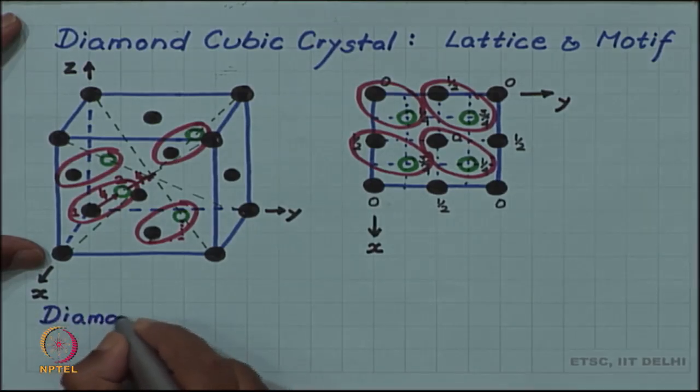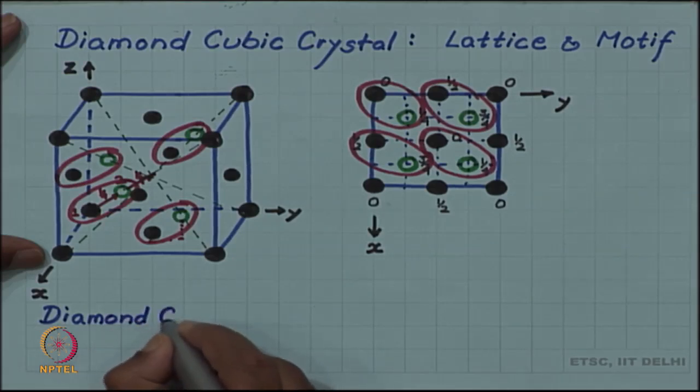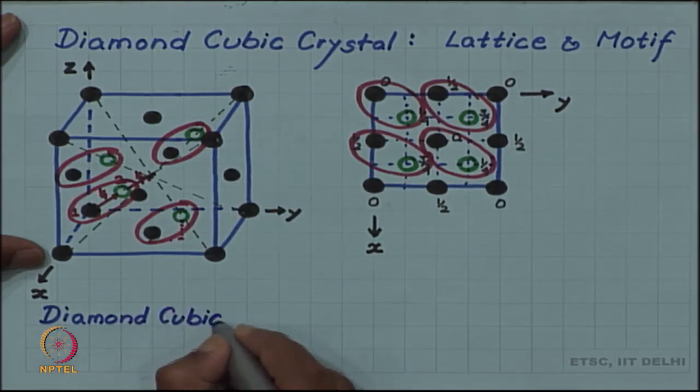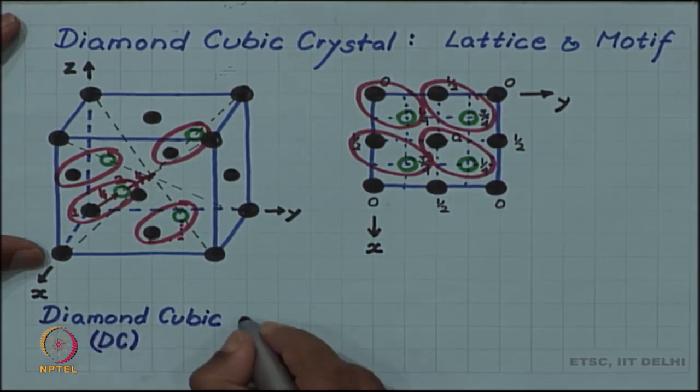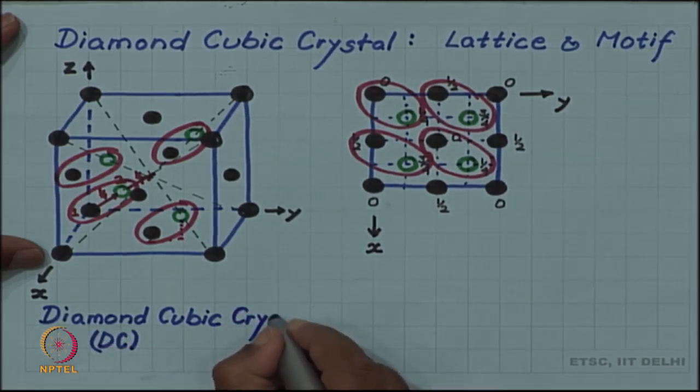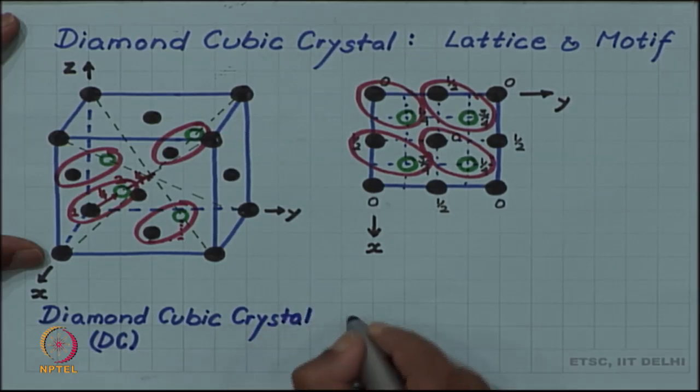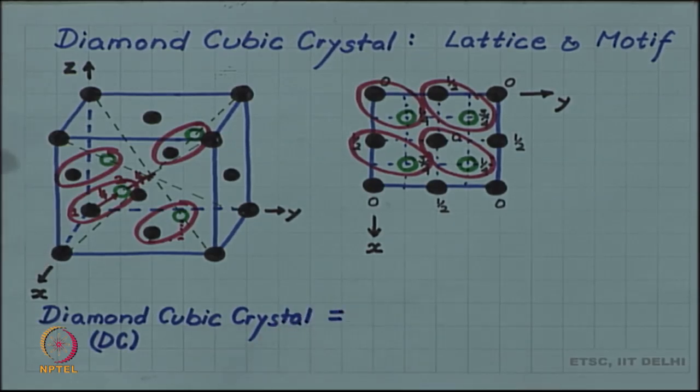that diamond cubic, briefly we can write DC, diamond cubic crystal. Recall that the green atoms are not contributing to the lattice, so the lattice is only defined by the black atoms.